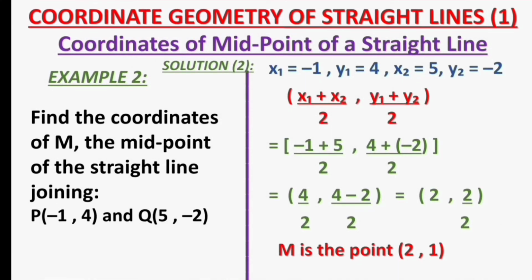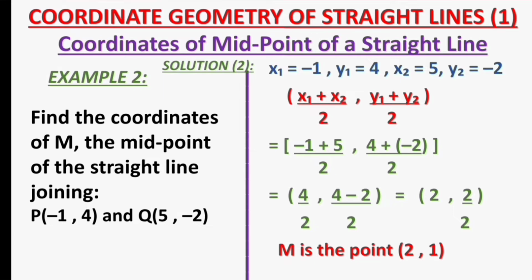When you substitute the values x1 is equal to minus 1, y1 is equal to 4, x2 is equal to 5, and y2 is equal to minus 2 into the formula for the coordinates of the midpoint of the straight line, x1 plus x2 divided by 2 and y1 plus y2 divided by 2, we are going to have minus 1 plus 5 divided by 2 and 4 plus minus 2 divided by 2.